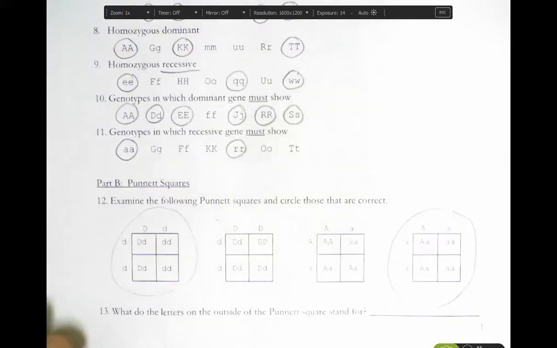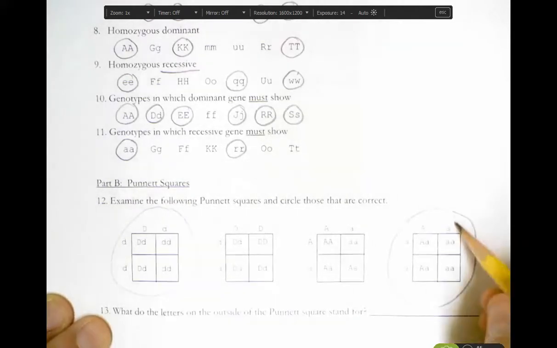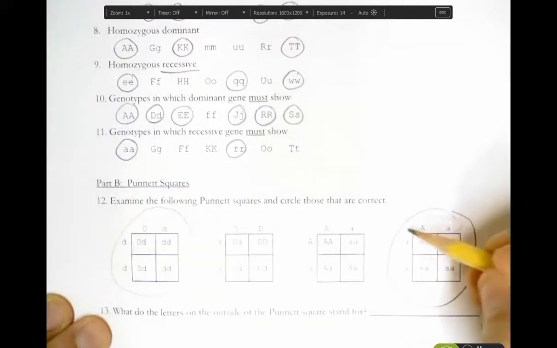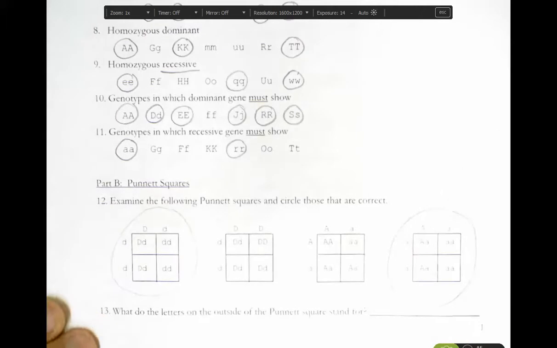All right, number 13. What do the letters on the outside of the Punnett square stand for? So these letters right here, these two letters and these two letters, what do those letters represent? Not so much just the dominant or recessive alleles. We pull those alleles from somewhere.